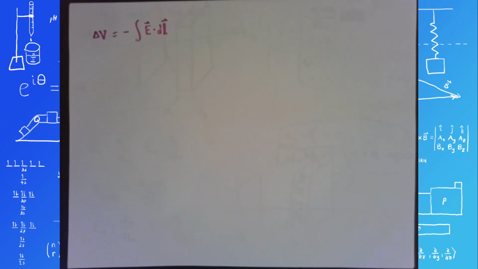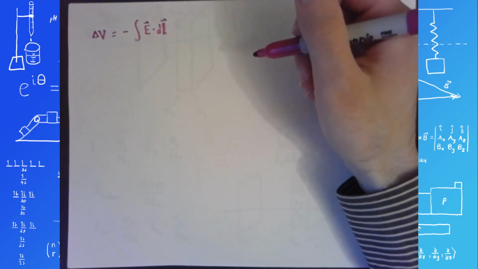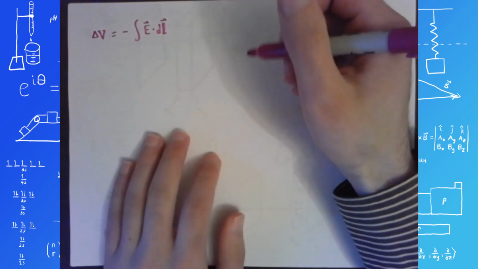Concentric with the sphere is an uncharged spherical conducting shell of inner radius B and outer radius C, and it's asking for electric field and electric potential. I'm just going to find the electric potential in all regions of interest.